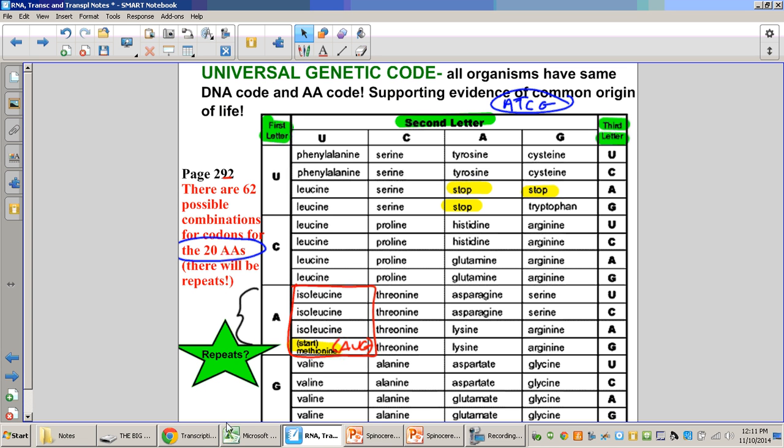GGU. Can you see it? I can't see it, so I have to look. Glycine, I believe. Okay, glycine. Next one's CAU. Is it histidine? I do believe you, but I gotta look.